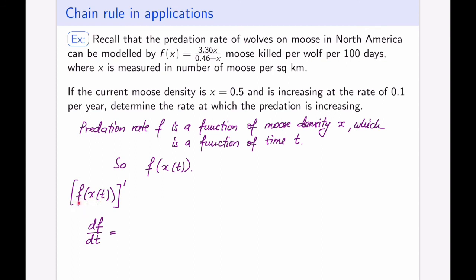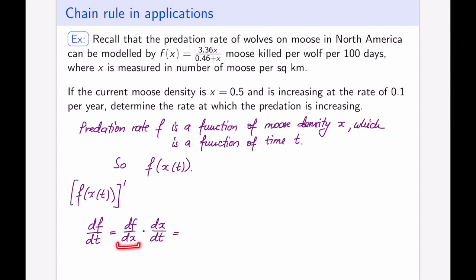First, I take the derivative of f with respect to x, so df by dx, and then the derivative of x with respect to t, so dx by dt. Let's pause here and do a little check. If I cancel out these x's, I get df by dt, which is the left-hand side, so I'm in good shape here.